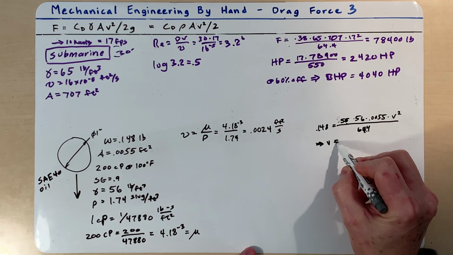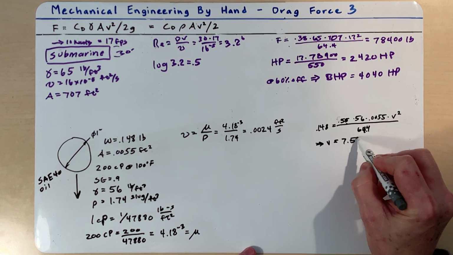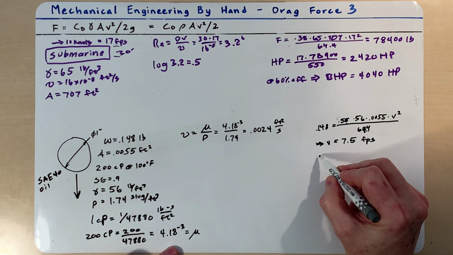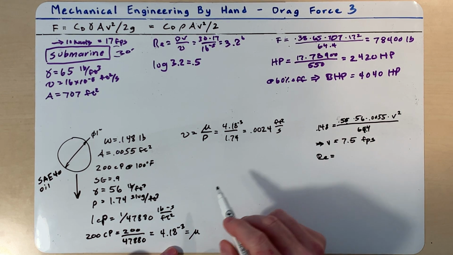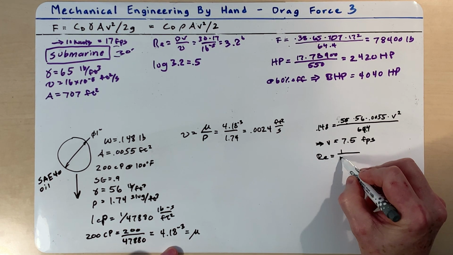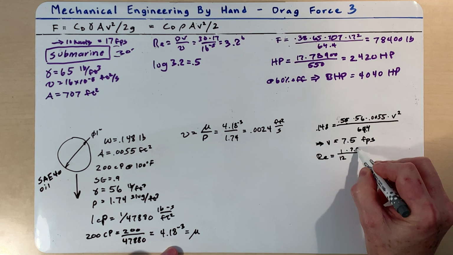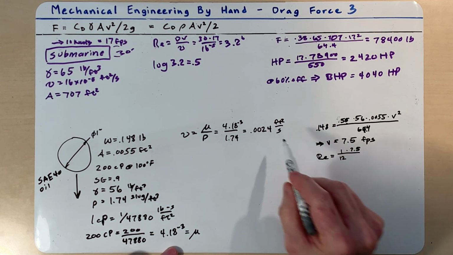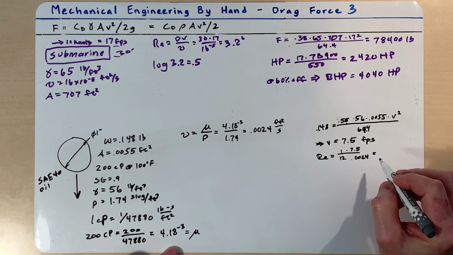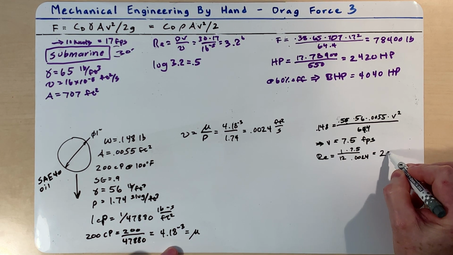So V equals 7.5 feet per second. Now we'll calculate the Reynolds number to see if it was close to our assumption of 1,000. So the Reynolds number equals diameter times velocity over the kinematic viscosity. So we have 1 over 12 feet times 7.5 over 0.0024, and that equals 260.